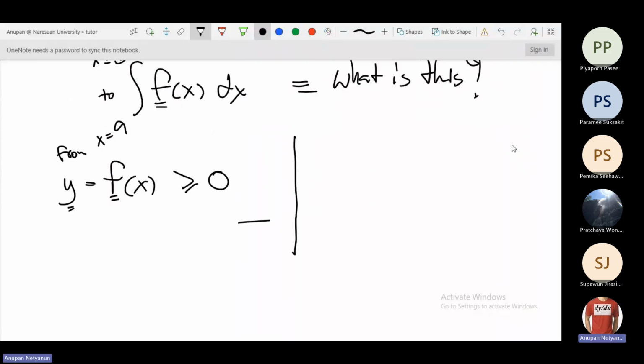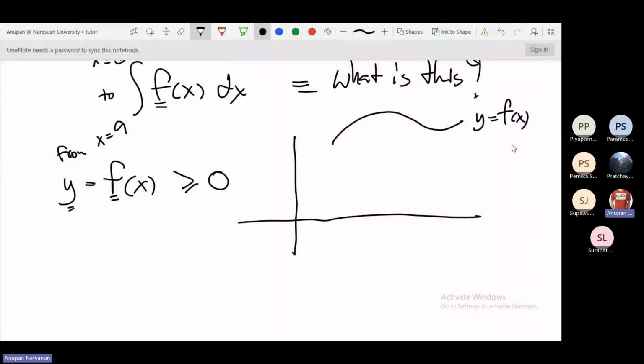So in other words, you have a function, which is a graph, a curve like this, that is above the x-axis, right? Because your y is always greater than 0. So y is always above the x-axis. So your graph is above the x-axis.